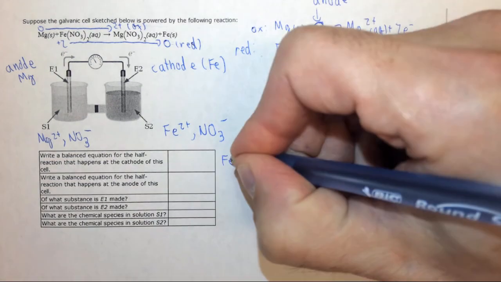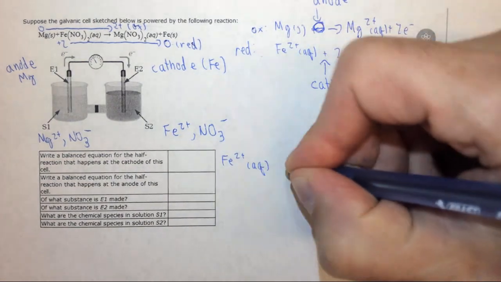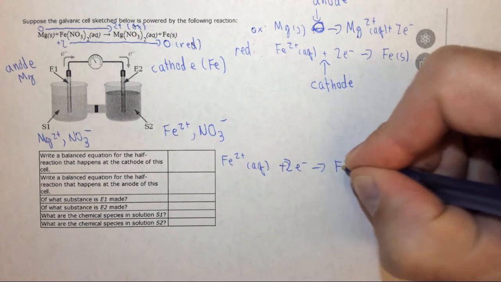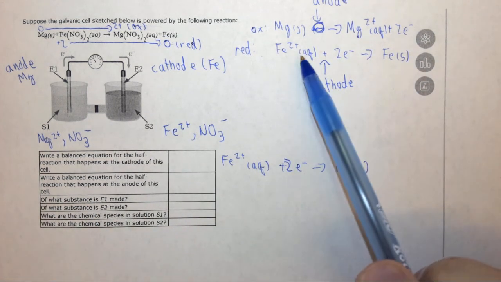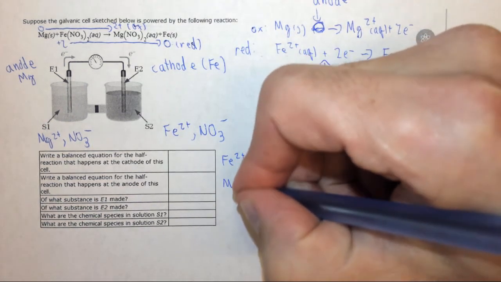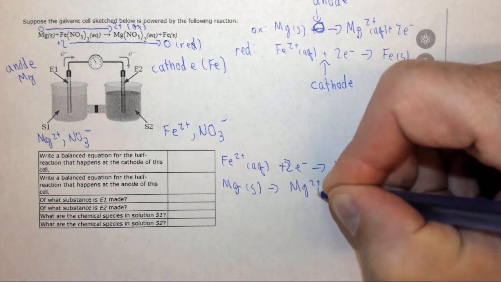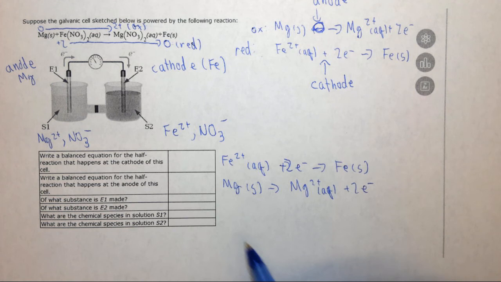So the reaction that's occurring is Fe2 plus aqueous plus 2 electrons yields Fe solid. At the anode, we have the source of electrons, or we have oxidation occurring. So we have magnesium solid yields Mg2 plus aqueous plus 2 electrons.